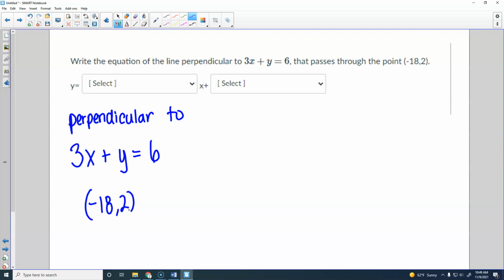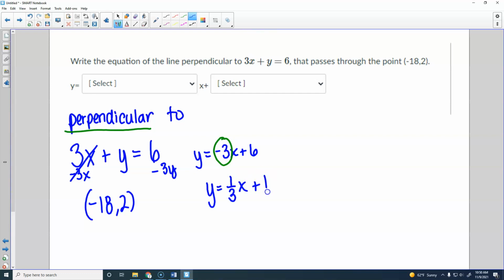All right, so let's go through that one really quickly. You would need to subtract this 3x right here, which would give you y equals negative 3x plus 6. So the slope of this line is negative 3, but it's perpendicular, so what slope have we got to use? 1/3. So we're going to do y equals 1/3 x plus b.